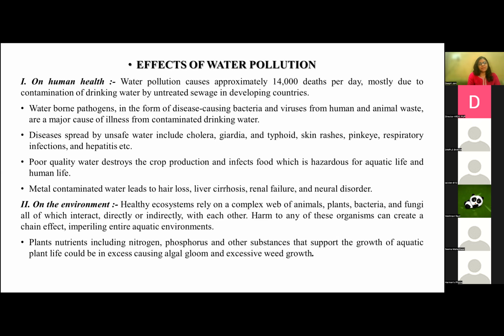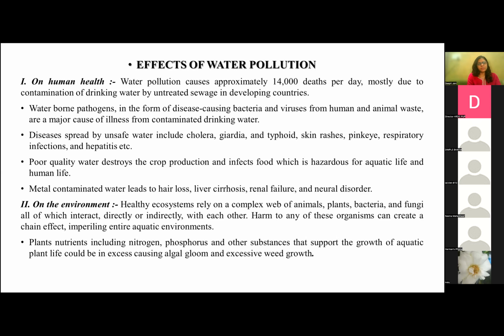The diseases spread by unsafe water include cholera, giardia, typhoid, skin rashes, pink eye, respiratory infections, hepatitis, and many more. The list is long. These are the common diseases which generally spread by unsafe water.